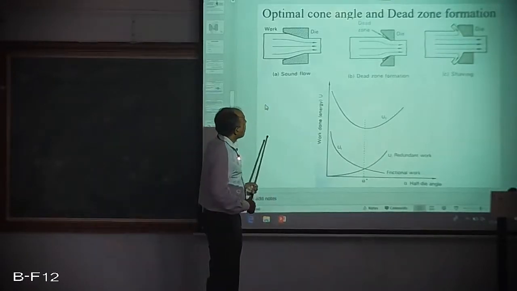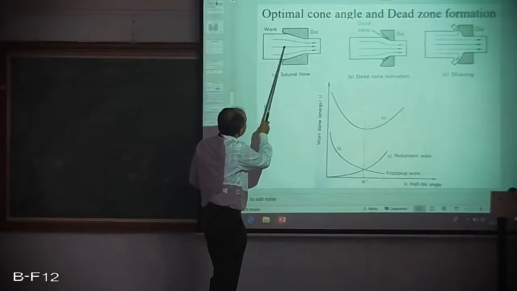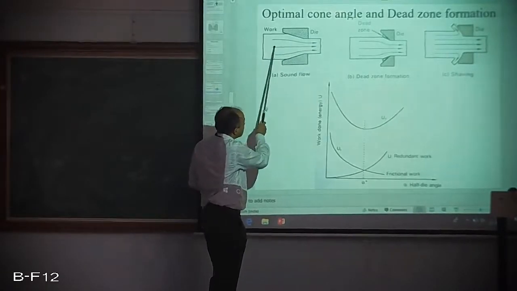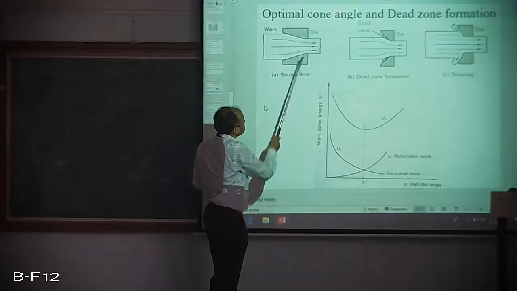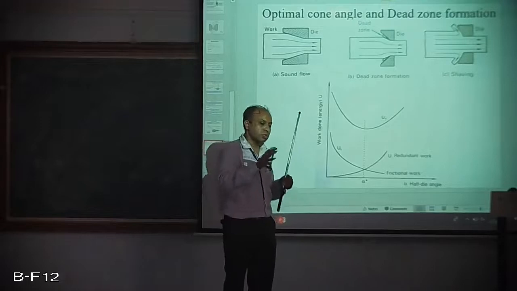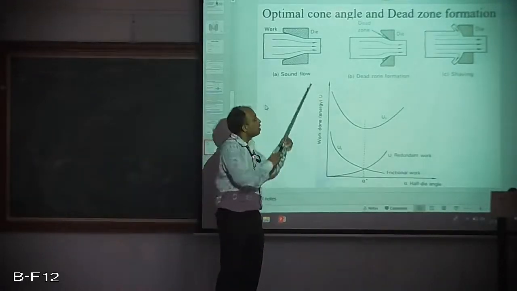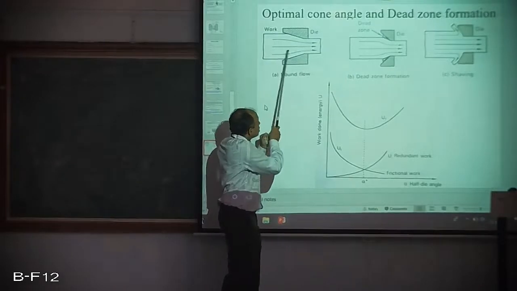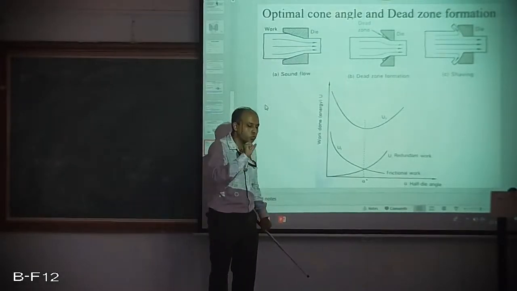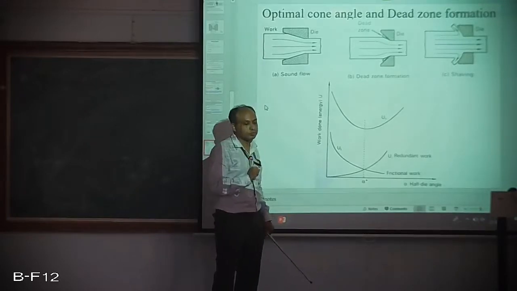So if you take this, this is your homogeneous work, it is not your redundant work. So what is the homogeneous work, the useful work, and what is the redundant work? The effort that goes in just reducing the cross section is your useful work, that is leading to homogeneous deformation.